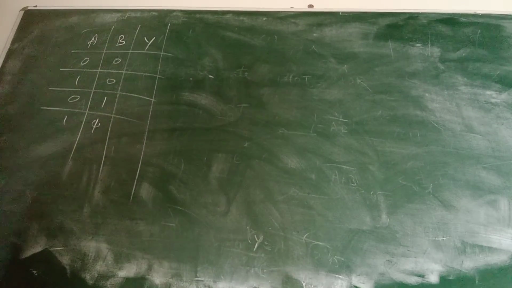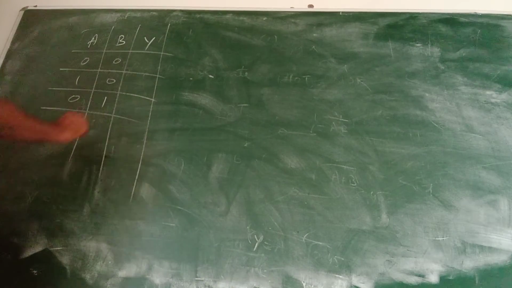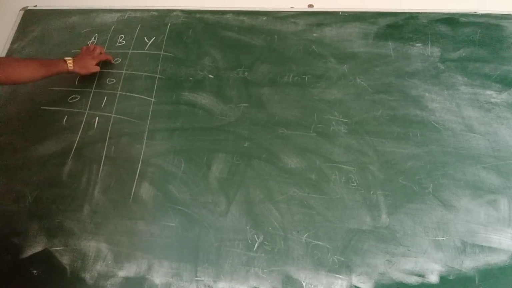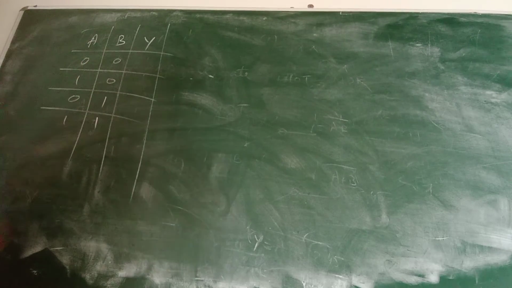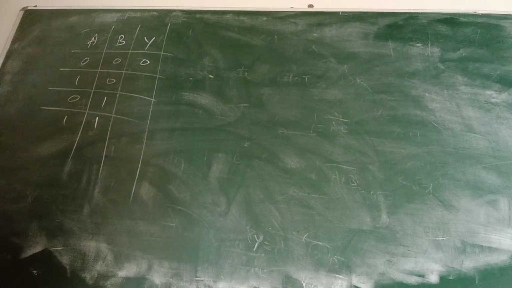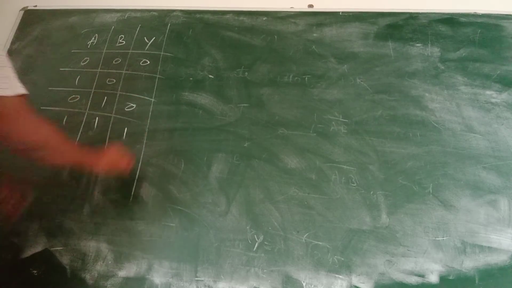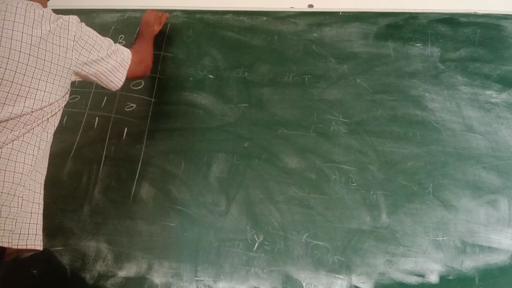Right? Only these 4 possibilities are there. So 0, 0 means both are low, this is high, low. Low, high, high, high. Both are low, so you get low. Both are high, you get high signal. One of them is low, you get 0. One of them is low, you get 0. So this is what an AND gate does.